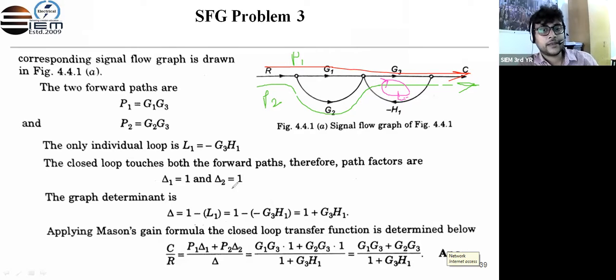So it is minus of L1, where L1 is minus G3 into H1, so it will be 1 plus G3 into H1. No other loops are there, so there is no need to consider. Then you apply Mason's gain formula, P1 del 1 plus P2 del 2 by del, and it comes as G1 G3 plus G2 G3 by 1 plus G3 H1.